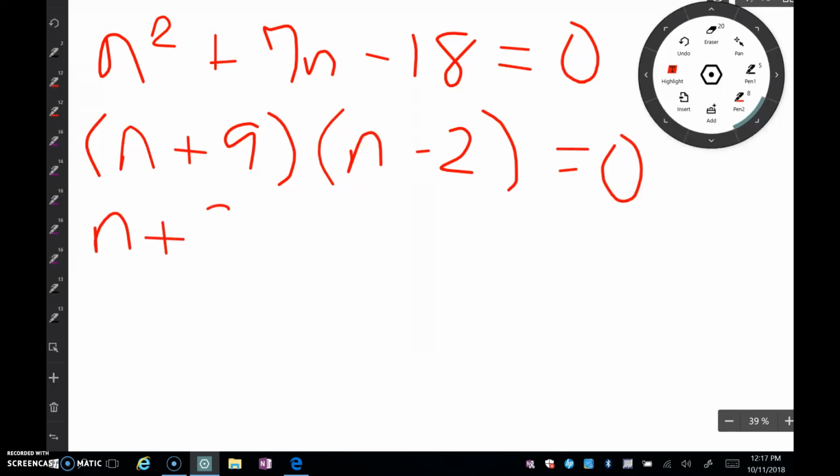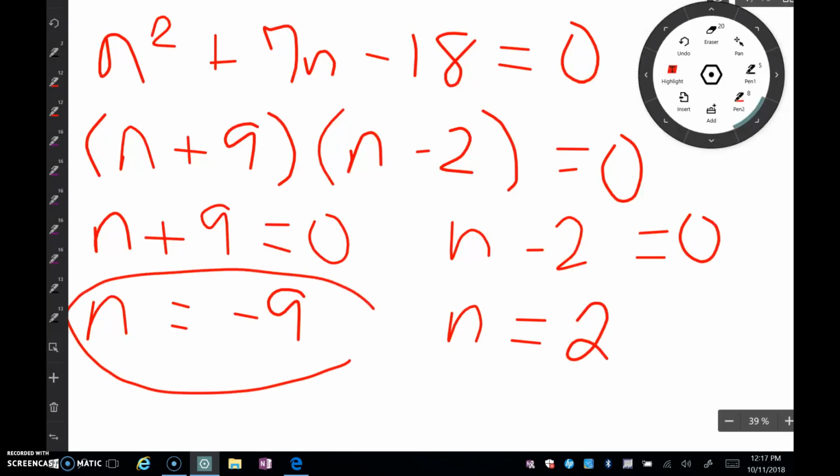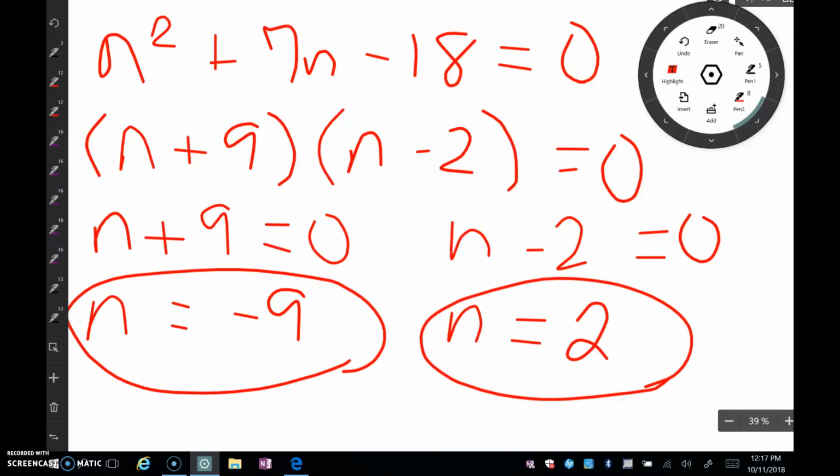Separate those factors, remember, and finish solving. So it looks like this gives me n equals negative 9 and n equals 2. And just make sure neither one of those values makes a denominator 0. I'm also checking it to make sure my numbers are right. And I think this is it.